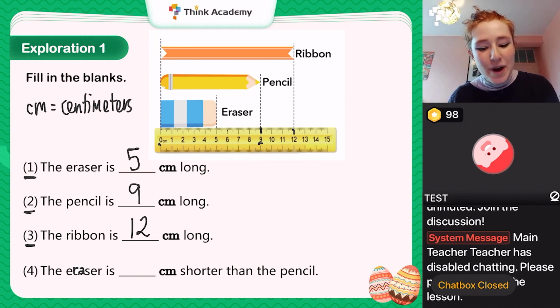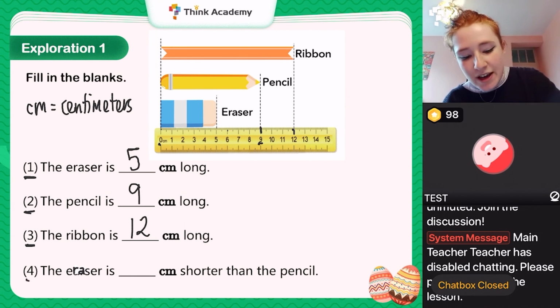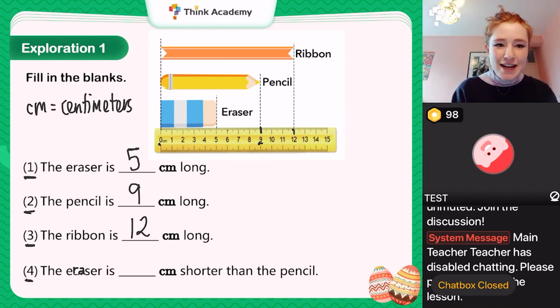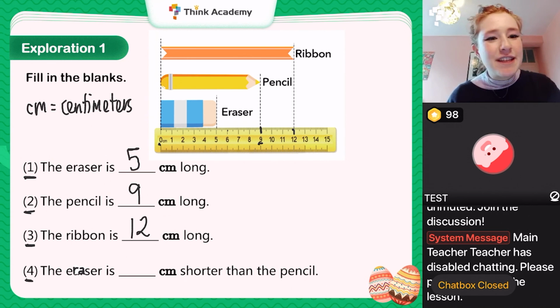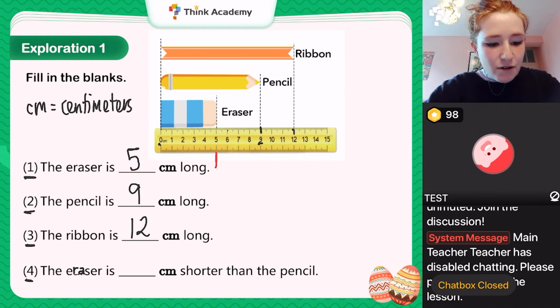So we've got our question 4 at the bottom here. And our question 4 says, the eraser is how many centimeters shorter than the pencil? So we can see that our eraser is a little bit smaller than our pencil, isn't it? And we can actually use our ruler to help us find the difference. So I'm going to do this one in a different colour for you all. Okay, so what we're going to do is we're going to look at where our eraser is.